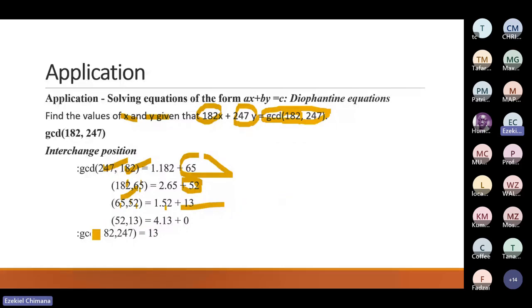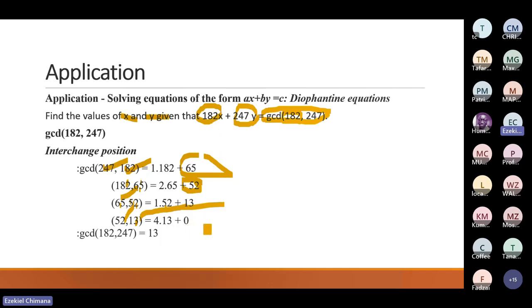Then your previous B will become your A, and your remainder will become your B, and you just do the same, 13 into 52. It gets into 52 4 times, remainder 0. So it's 4 times 13 plus 0.